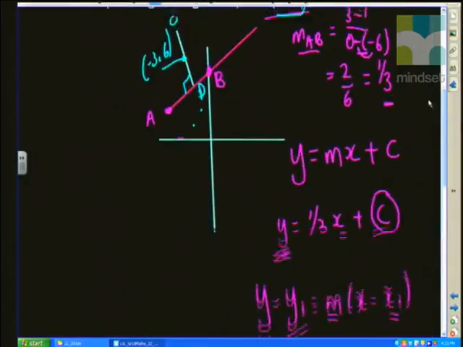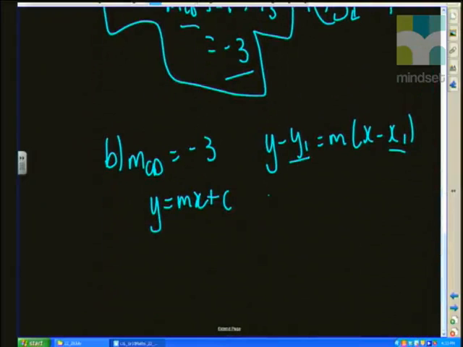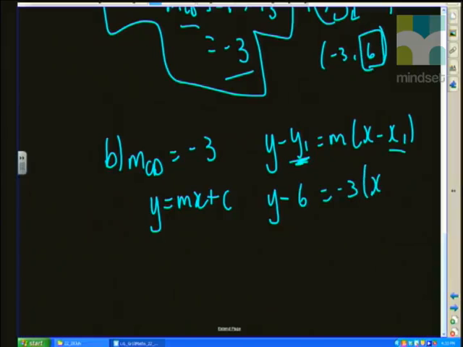Remember, they told you it passes through minus 3 and 6. So it's going to be y minus y1, being the y value of your coordinate that was given, is equal to m, which is your gradient, times x minus x1, which is the x value you were given.